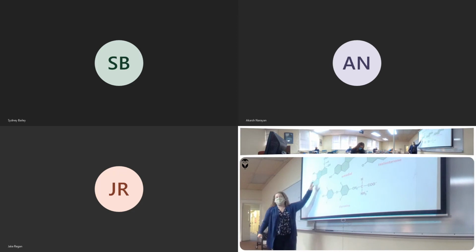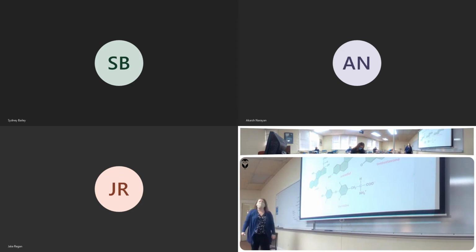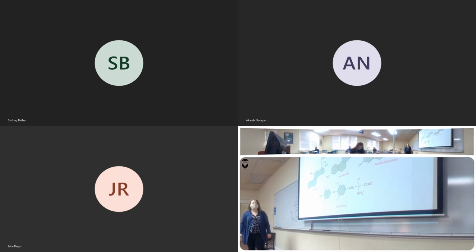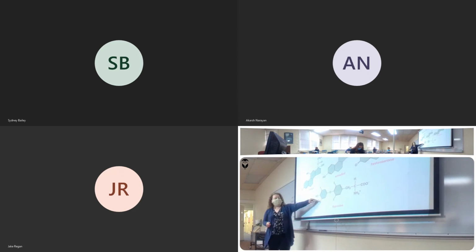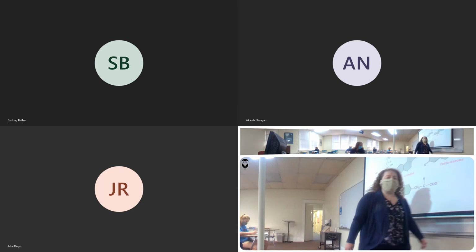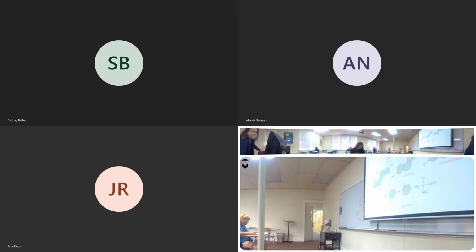But these would be some of the few examples that don't need an extracellular receptor. This one's part of thyroid hormone, thyroxine. Picture of cholesterol.